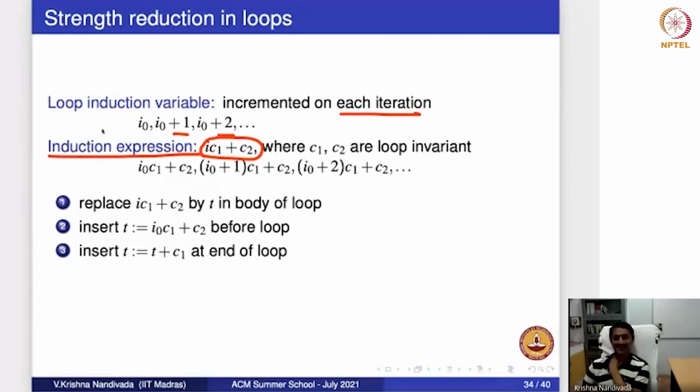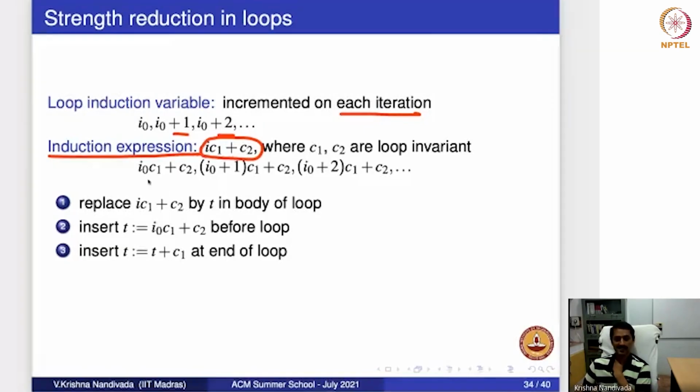Despite the one year of online teaching, we still haven't learned that we have to remember to share screen. Okay, so as I was saying, the loop induction variable goes from i0, i0 plus 1, i0 plus 2, and we say an induction expression is something of the form i*C1 plus C2.